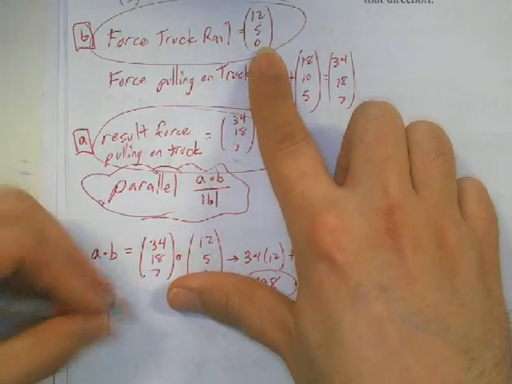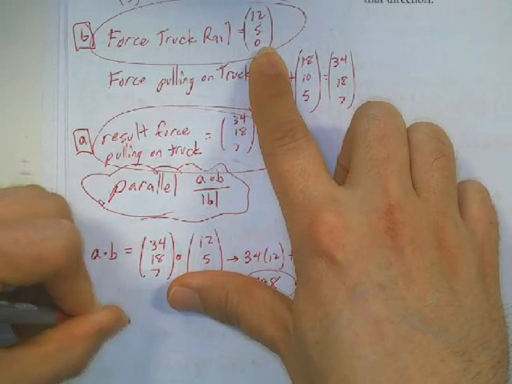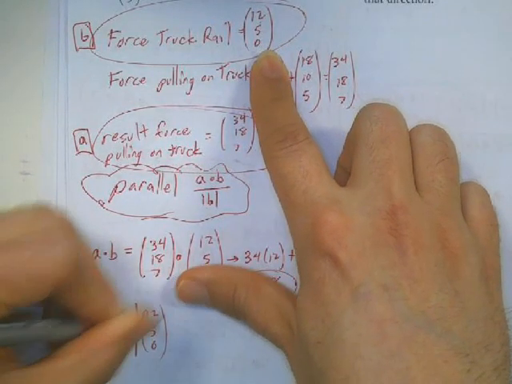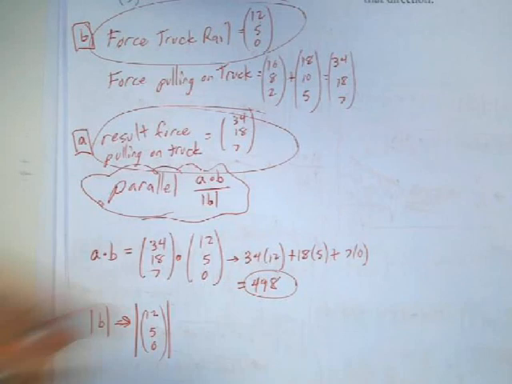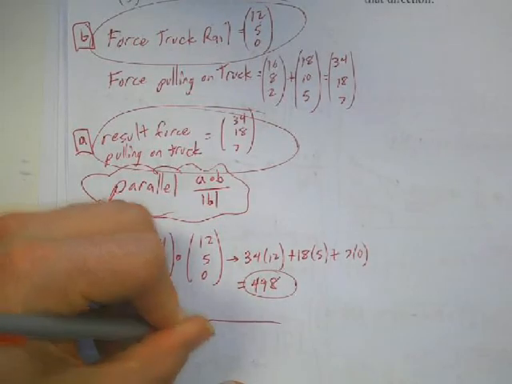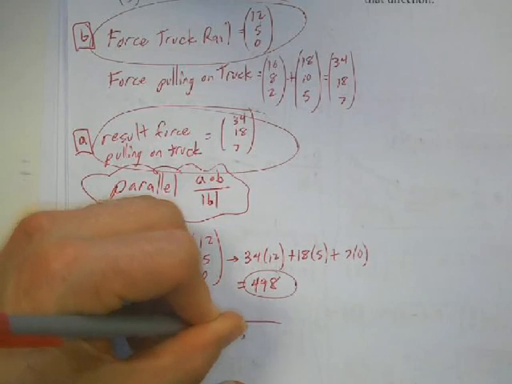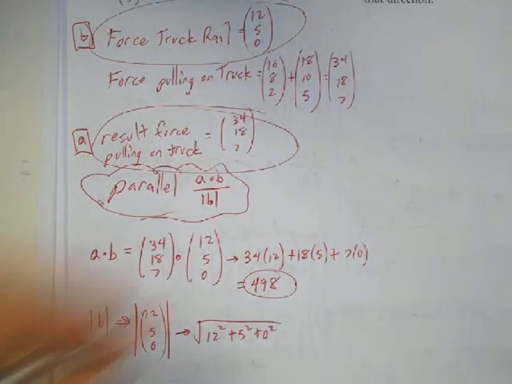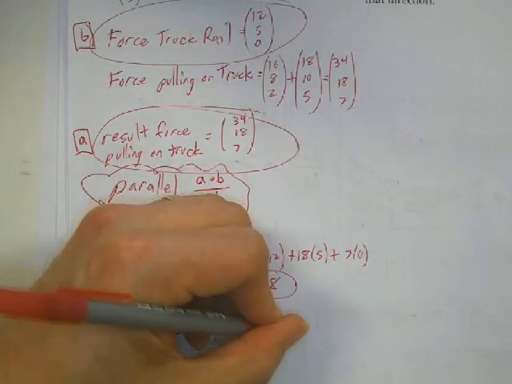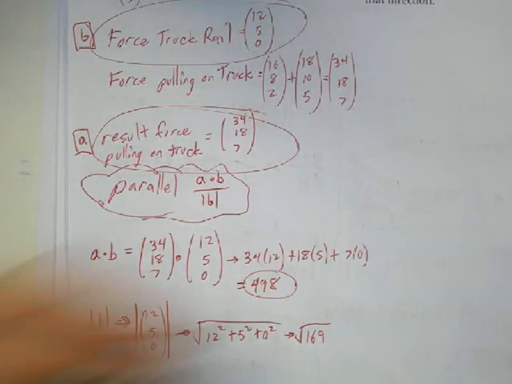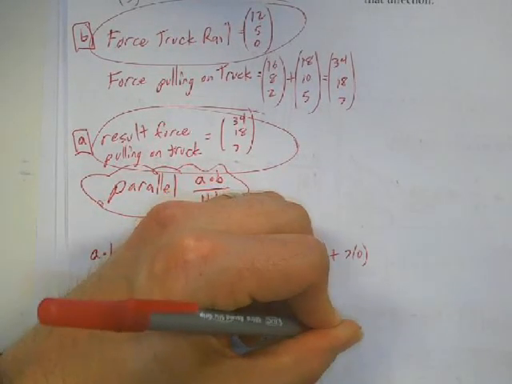So we're going to take the magnitude of 12, 5, and 0: 12 squared plus 5 squared plus 0 squared simplifies to 169. And the nice thing is that's equal to 13.